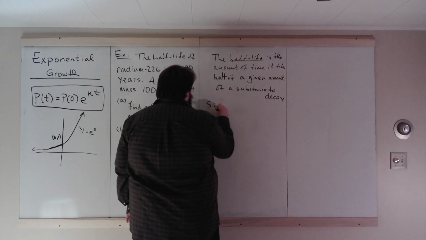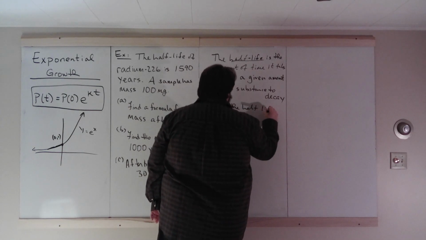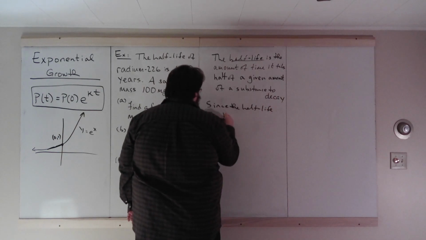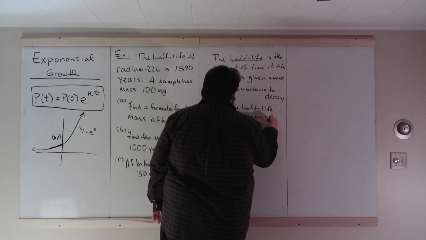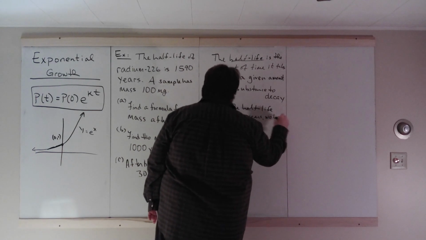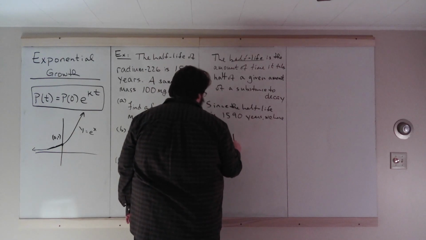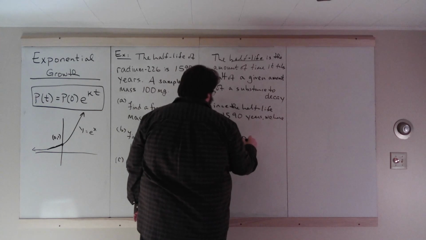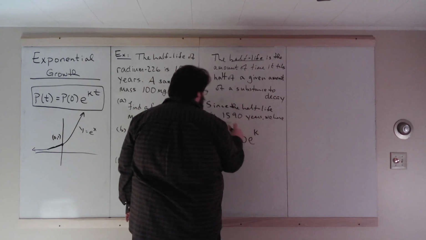So since the half-life is 1,590 years, we have the initial amount, 100, times e to the k times t.